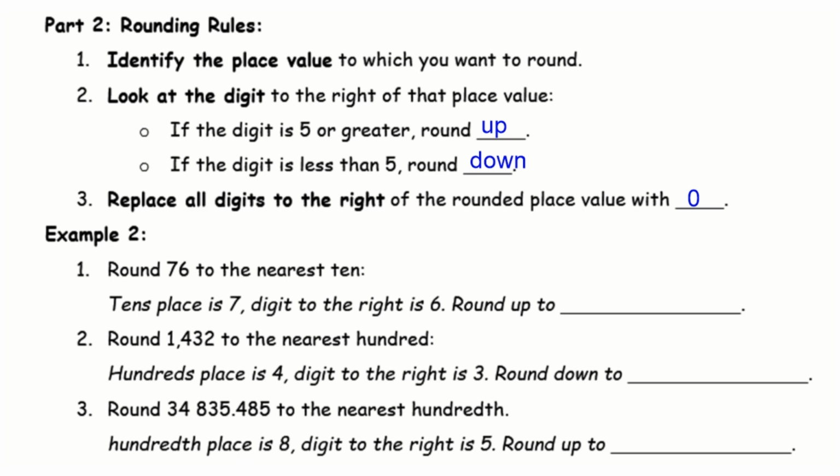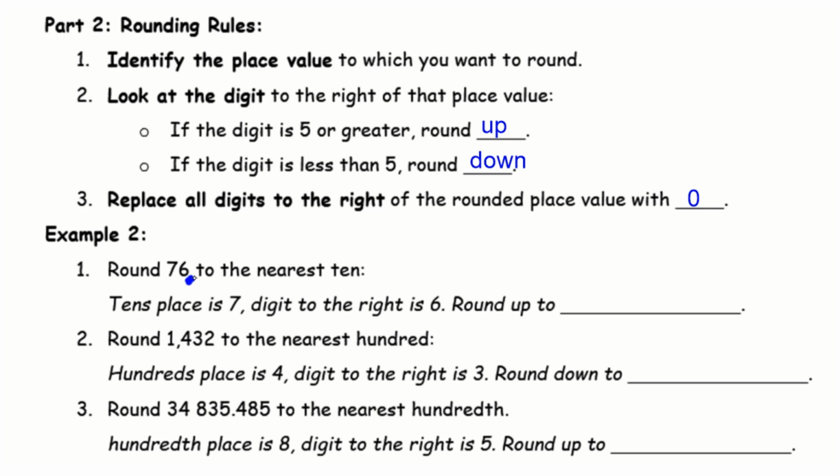Example 2. Round 76 to the nearest tens. So we need to find where the place value for tens is. From the decimal, with no decimal shown, the decimal is right after the number.